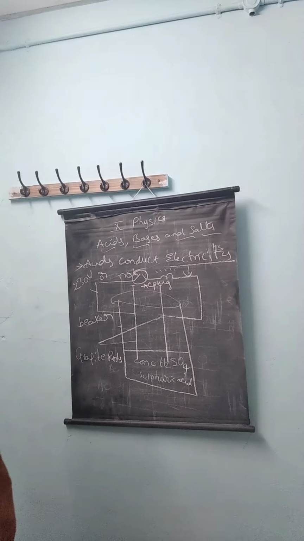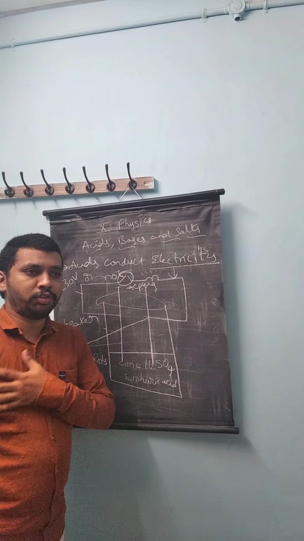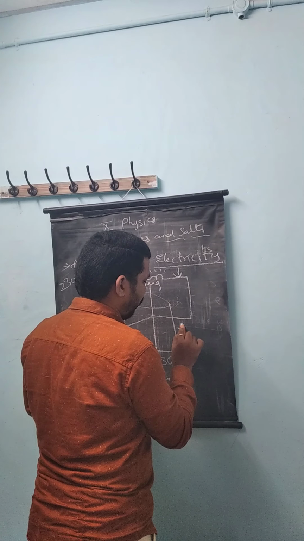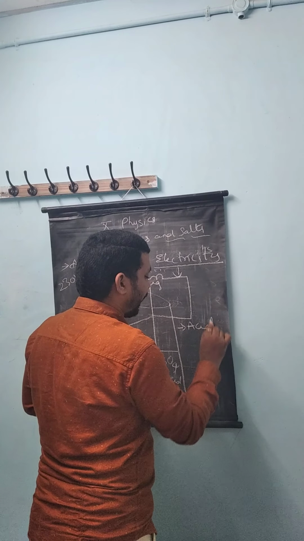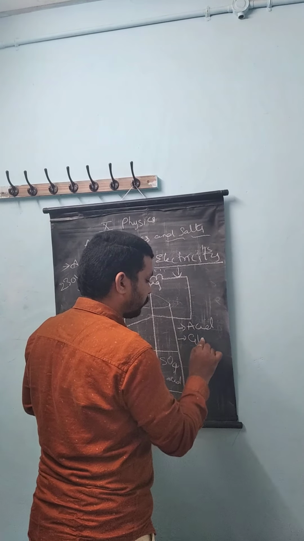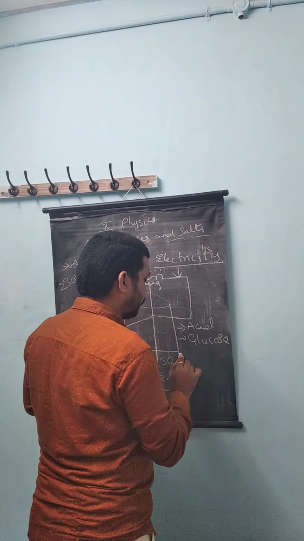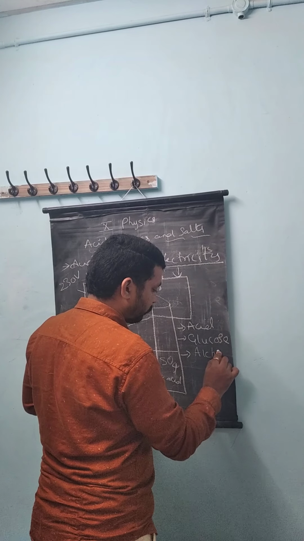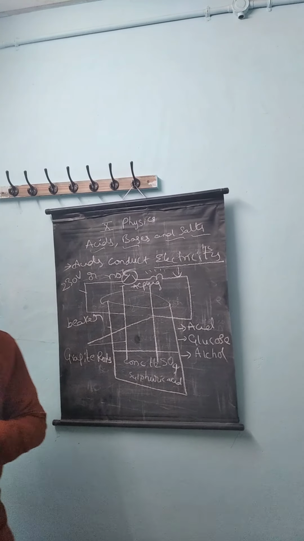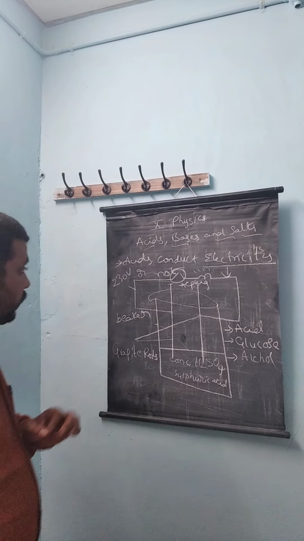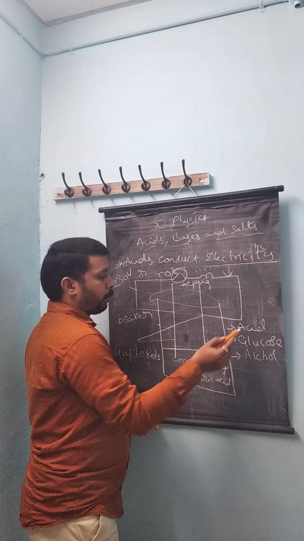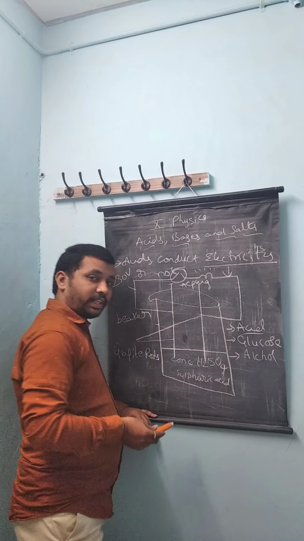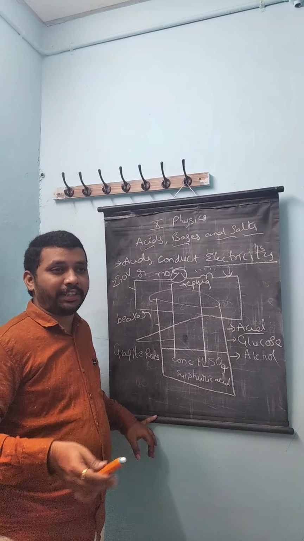Okay. Now, what are the solutions we want? We have to conduct this experiment with acid, glucose, and alcohol. Pour acid, meaning concentrated sulfuric acid or nitric acid or HCl, whichever it may be.